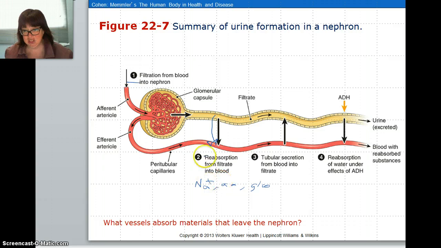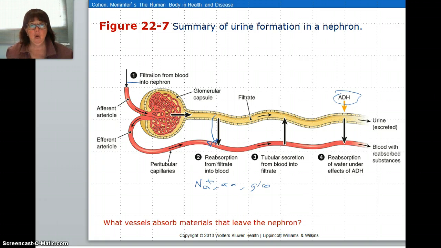Then as a result, water also follows, so everything will go back into the blood. Then secretion is fine tuning at the end, and then we rebalance our water using things such as ADH, antidiuretic hormone. And the balancing of the water also occurs in the nephron loop.